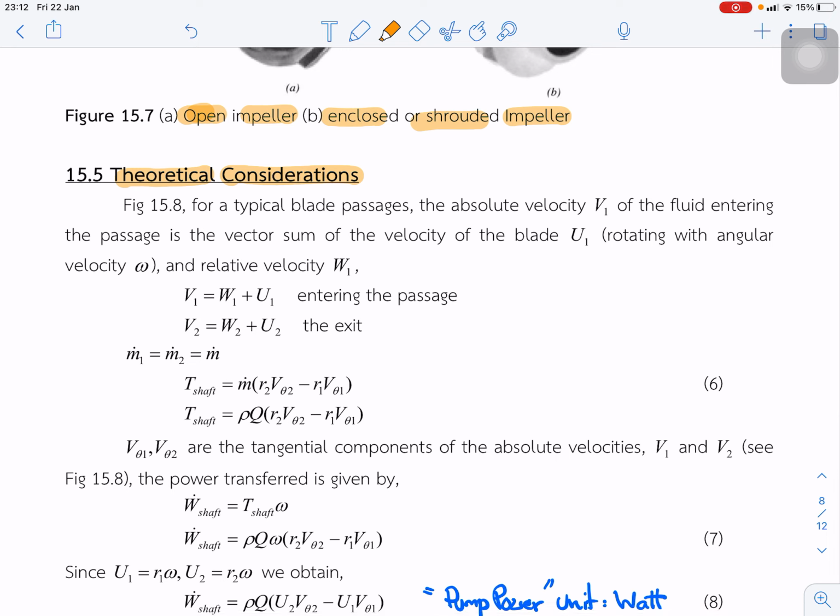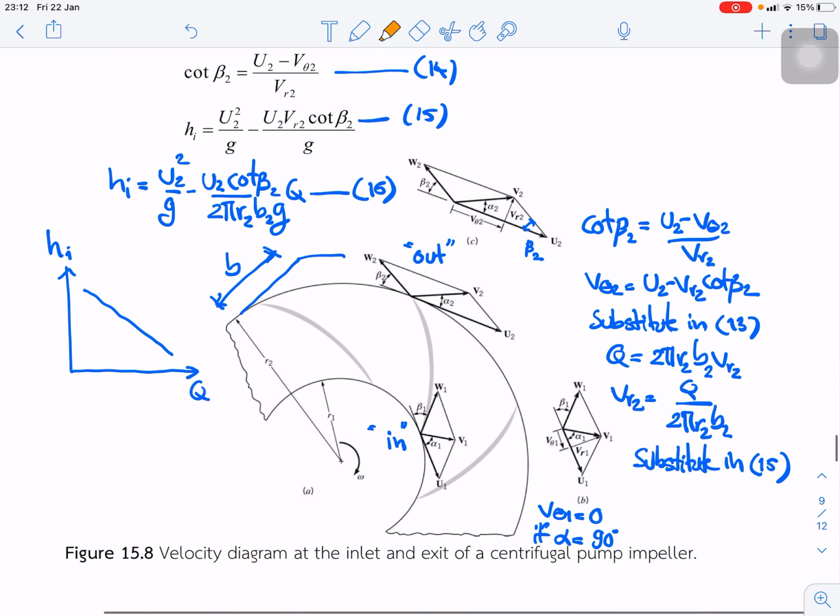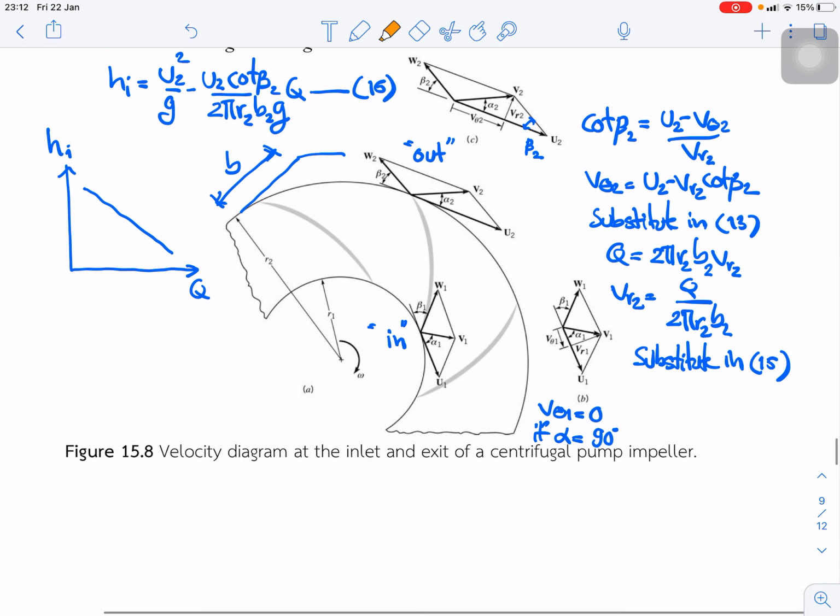Theoretical consideration for the centrifugal pump. The next figure shows a typical blade passage. This figure shows the inflow and this is the outflow.